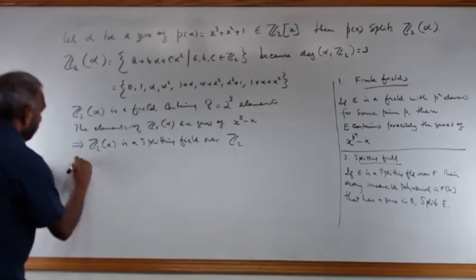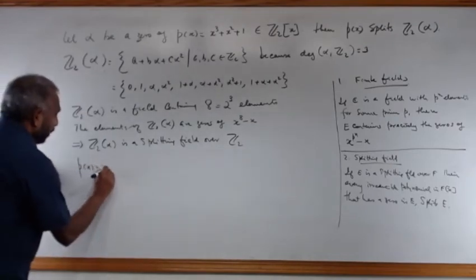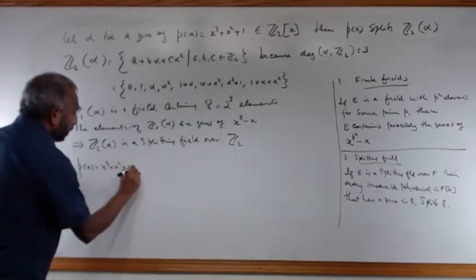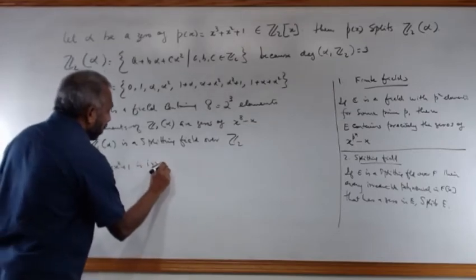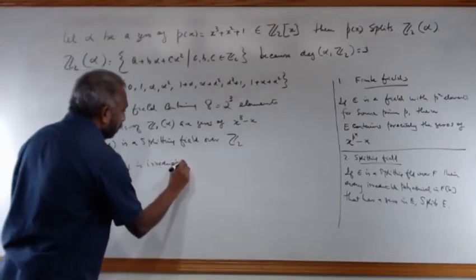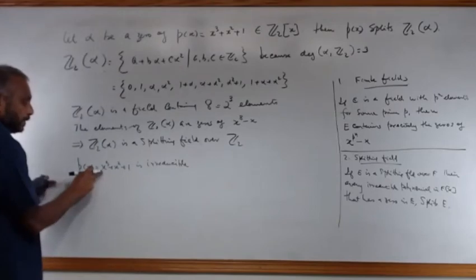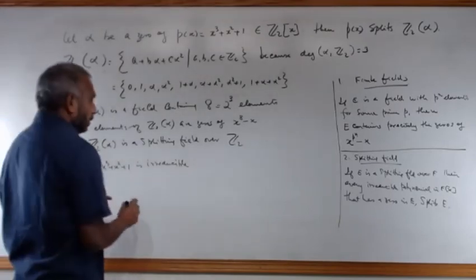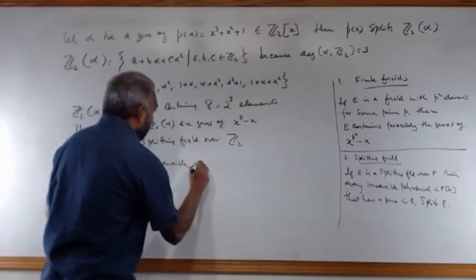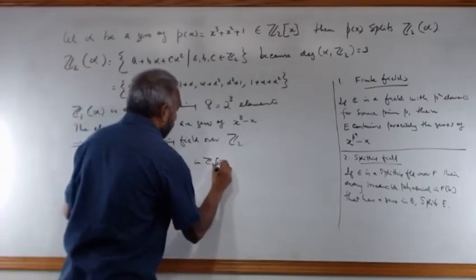Now, P of x equal to x cube plus x square plus 1 is irreducible, because if you replace x by 0 and 1, you will never get 0 in Z2.